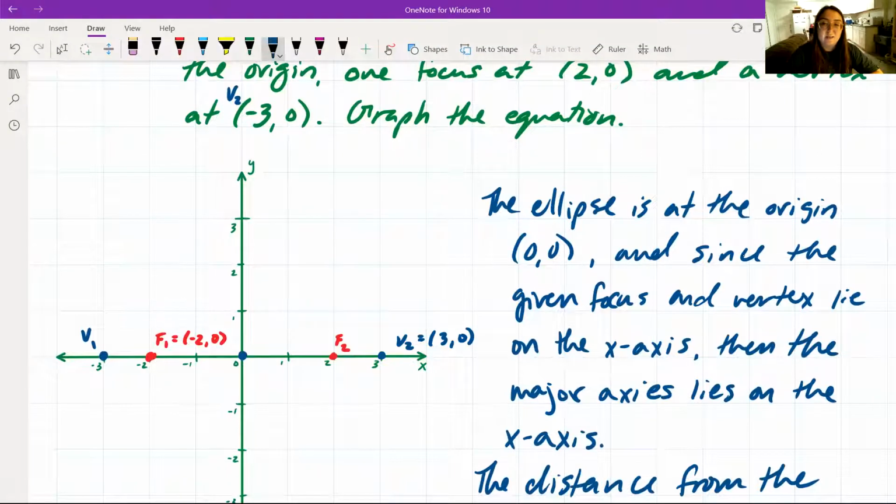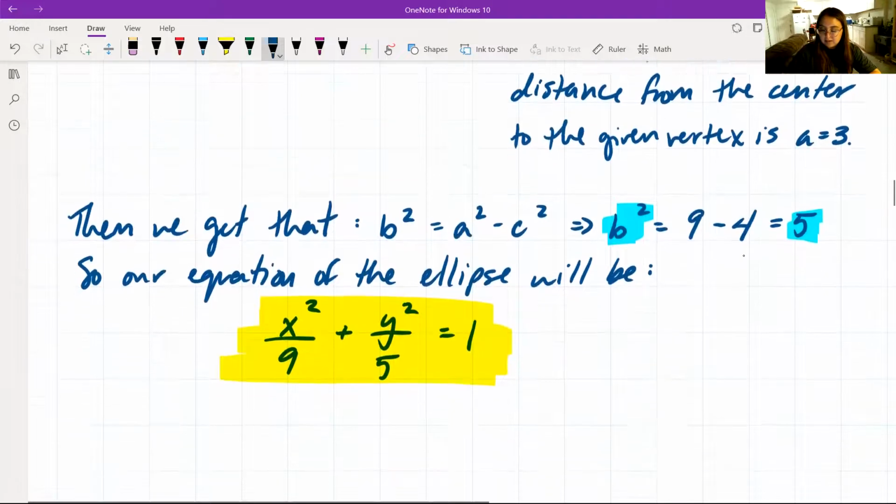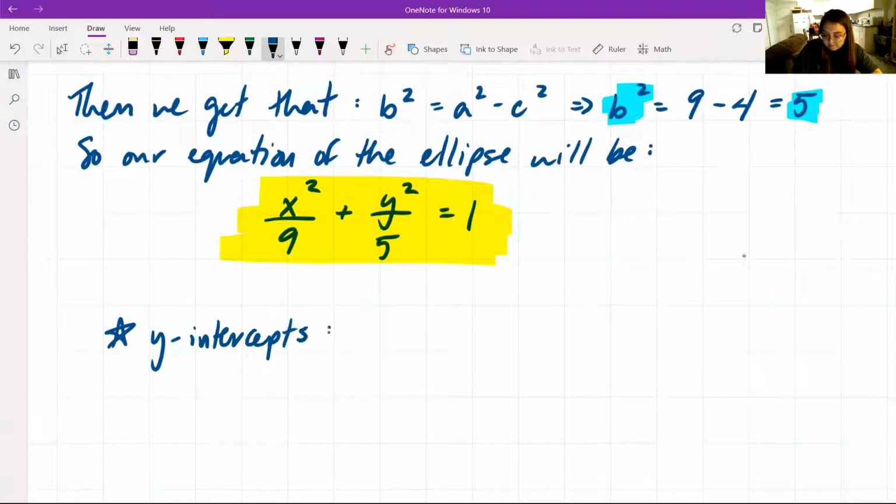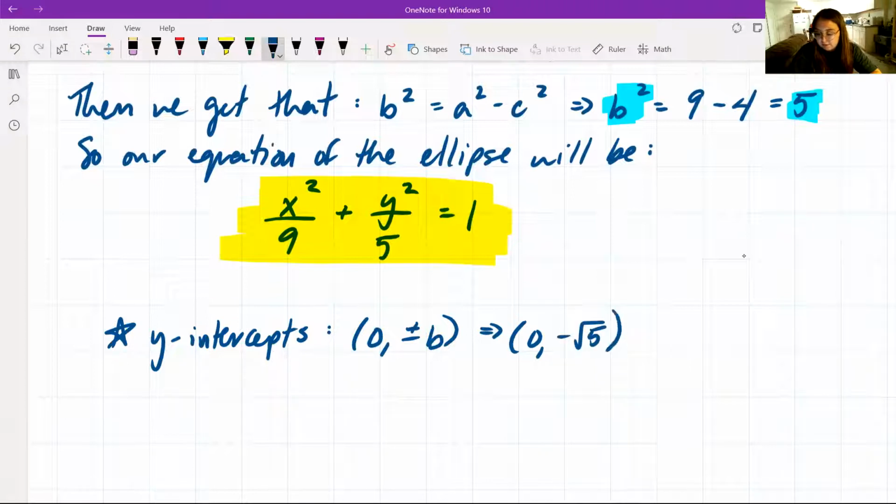Then, all right, last thing we want to do is find those y-intercepts. Our y-intercepts are going to be positive and negative b. So we'll put this here. Y-intercepts are going to be 0, plus or minus b. So we get 0, negative square root of 5, and 0, positive square root of 5.